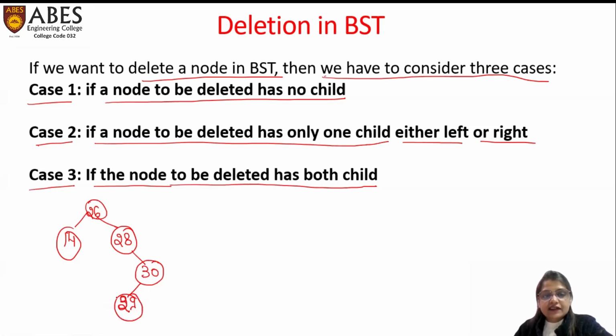Let us consider this binary search tree, and if I want to delete this 29, this will lie in case 1 because it has no further children.